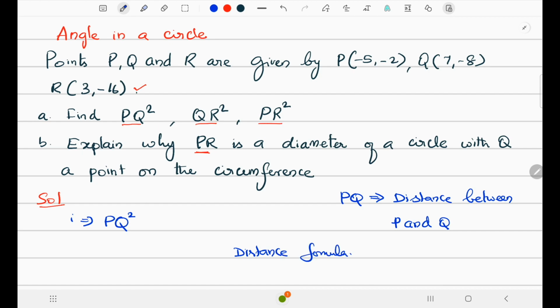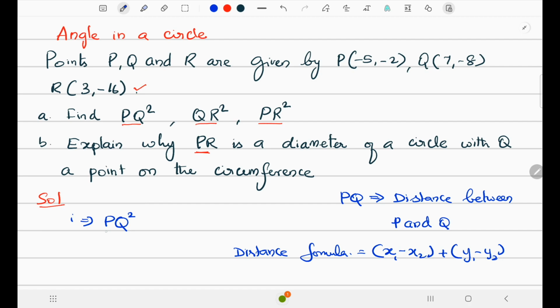The distance formula is x1 minus x2 the whole square plus y1 minus y2 the whole square. Sorry, the distance formula is the square root of that. It is the distance formula.